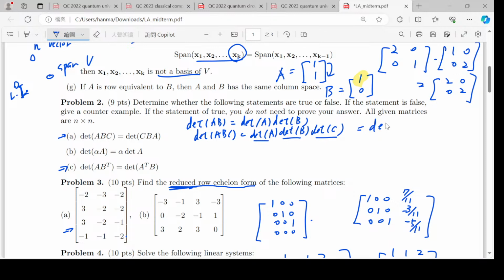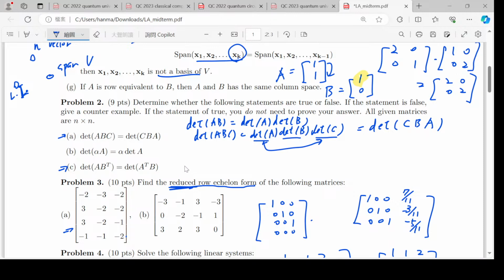You can swap them and turn it back to the determinant, which equals det(CBA). So the ordering doesn't matter, because you can decompose them into the product of individual determinants. That's A.